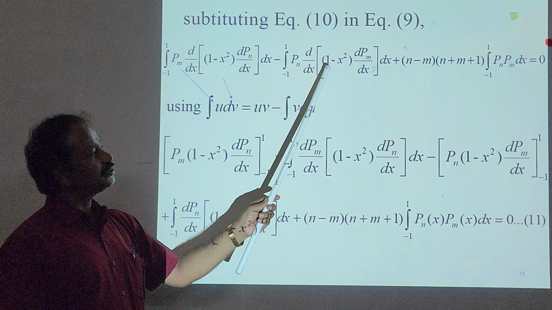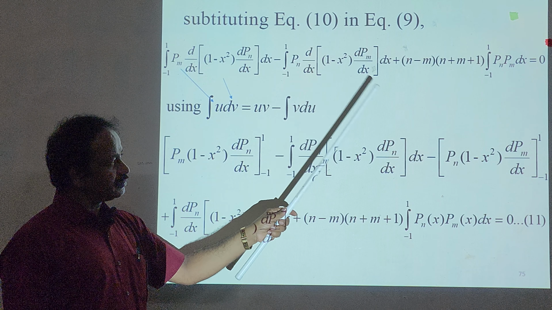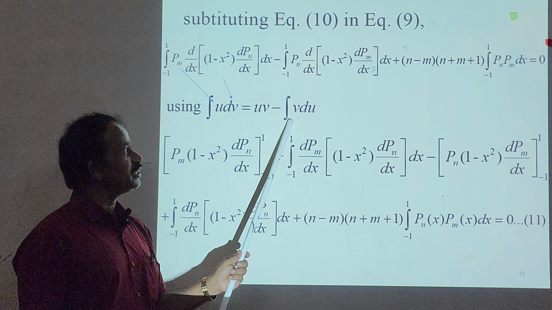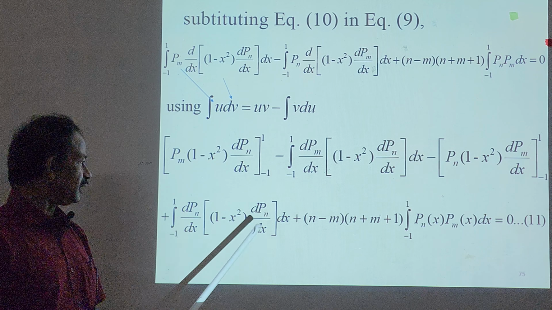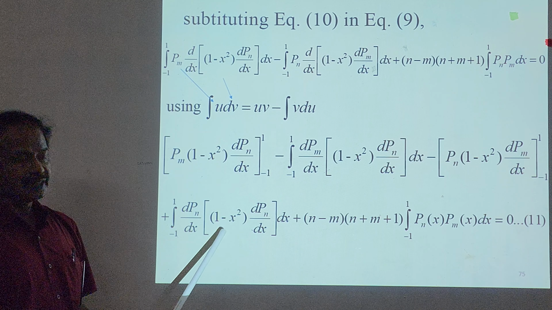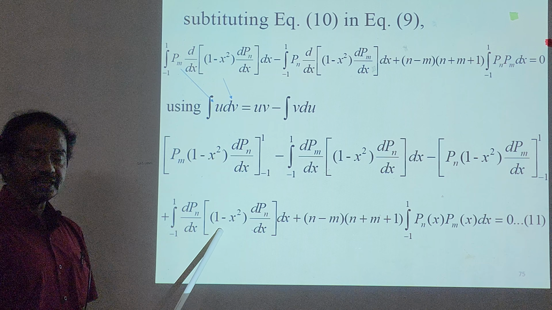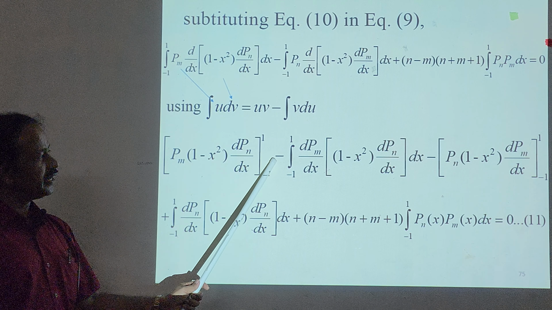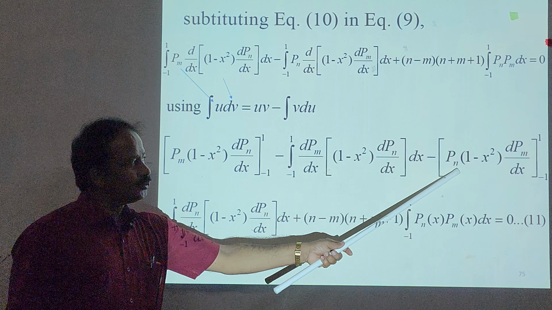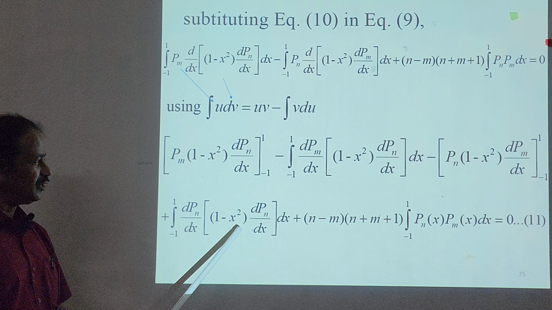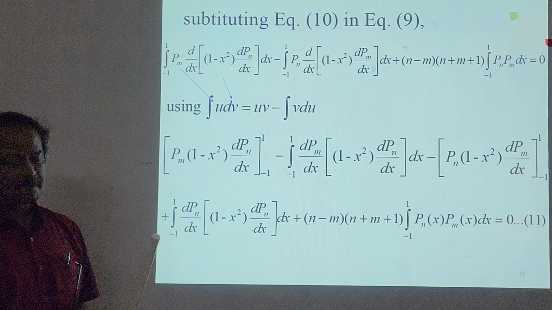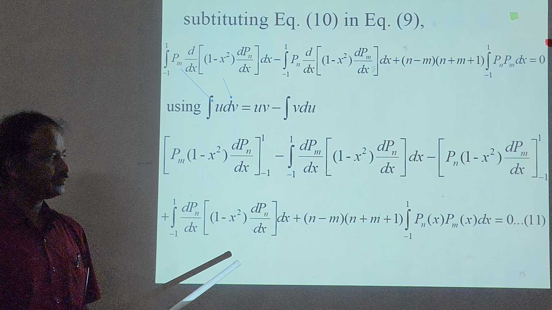Similarly, use the same method for the other expression, u dv equals uv minus v du, and you will get this expression and this expression. This is for m and this is for n. Minus, already a minus is there, so this will become plus. The remaining term, let it be like this.